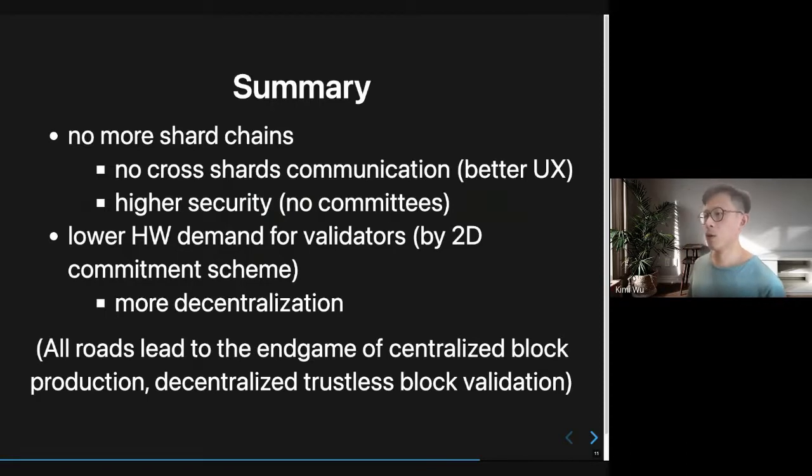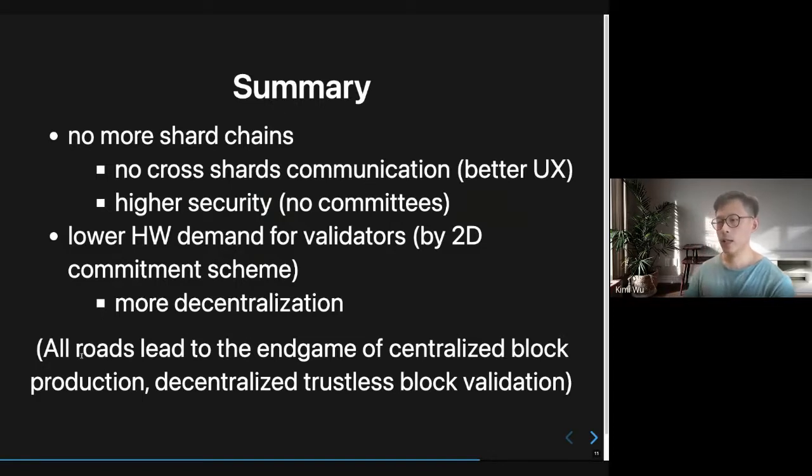So more people can vote, so there will be higher security. And there's lower hardware demand for validators because of the 2D commitment scheme. And as I mentioned, lower hardware demand means more decentralized.